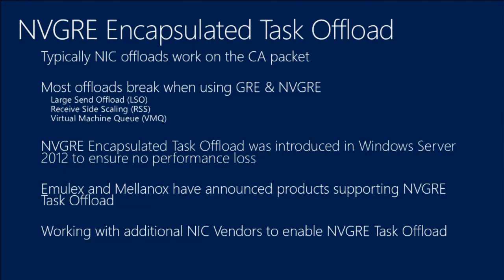Remember, when you have this Hyper-V, the encapsulation and decapsulation happen in software, right? The NIC doesn't see the tenant's MAC address. Because of that, some existing offload technology just doesn't work. One perfect example is VMQ.